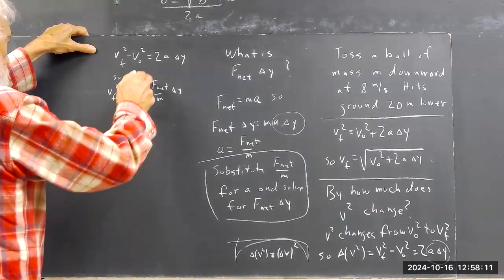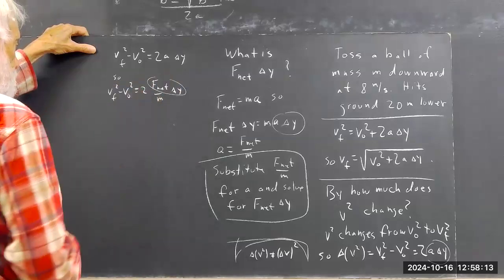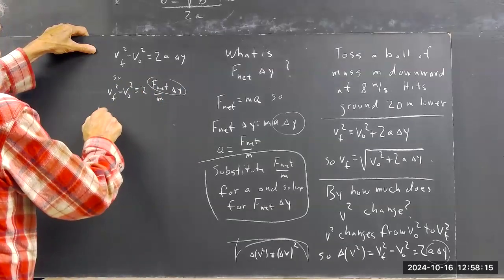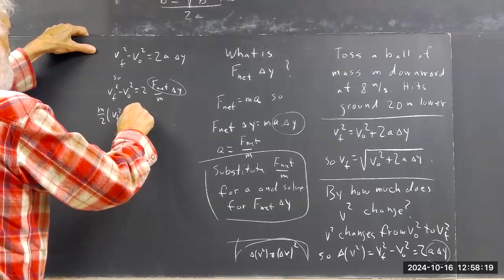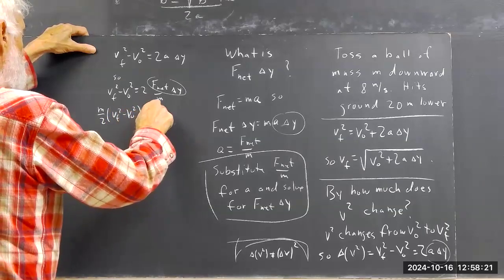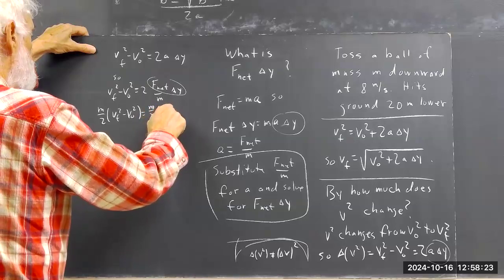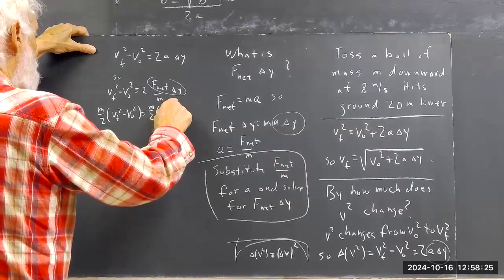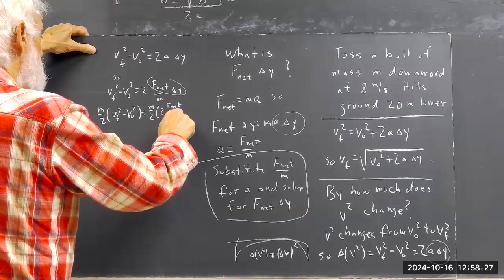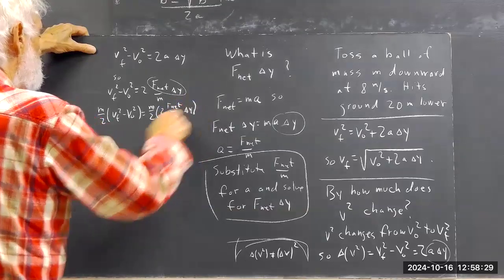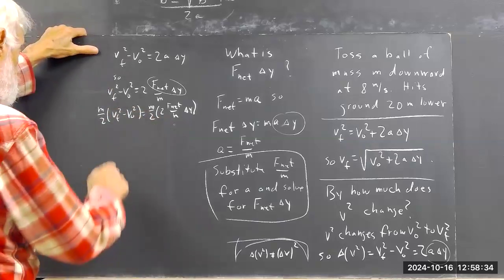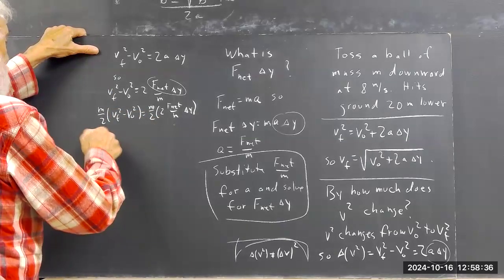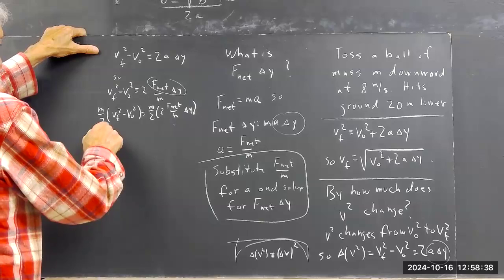So if I want to get just F net delta y, which is what I'm trying to solve for, I multiply by m over 2. So the m here divides this m, the 2 divides this 2. And we get, I'm going to write it out this way.